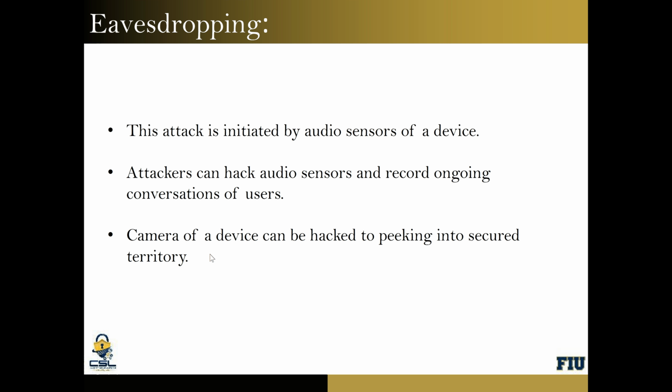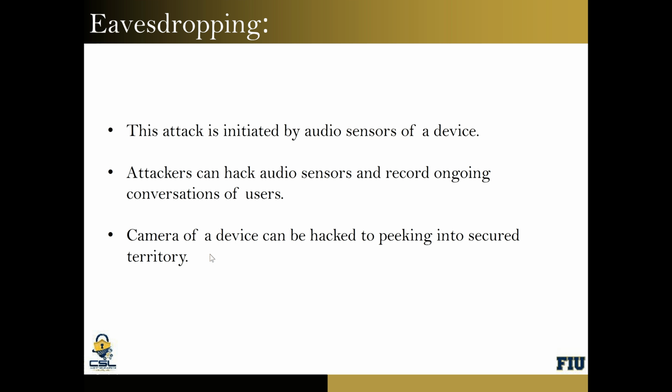Another form of attack is eavesdropping. Maybe you are talking to a friend, maybe you are talking to your bank. An attacker can place malware inside your device to capture those conversations. This attack is initiated through the audio sensors of a device. Attackers can hack into your audio sensors and record ongoing conversations of users. Another form of eavesdropping can be done with the camera. Say you are entering a government facility, a secure territory.